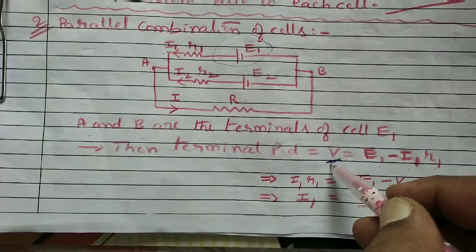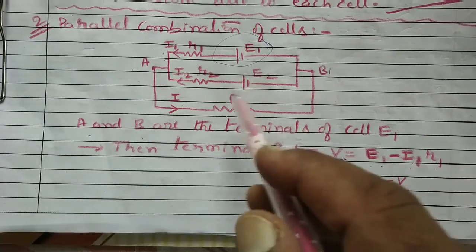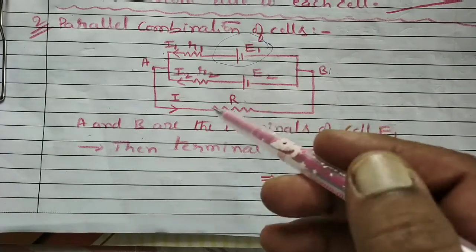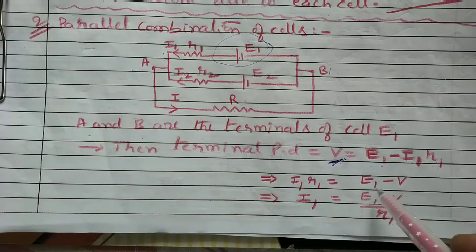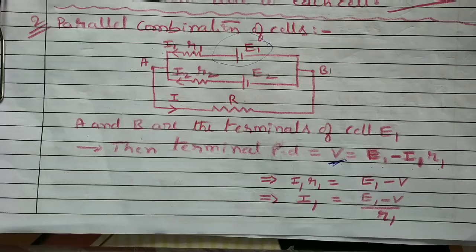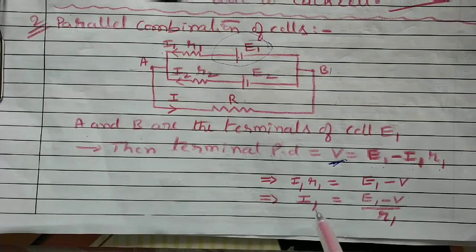I imagine the terminal potential difference as V between A and B, because A and B are the terminals between which E1 is present. So from this, I1 R1 is equal to E1 minus V. From this, I1 is equal to (E1 minus V) by R1. In that way we can get the current expression: the current coming from the cell is equal to cell EMF minus terminal potential difference V, divided by the cell's internal resistance.